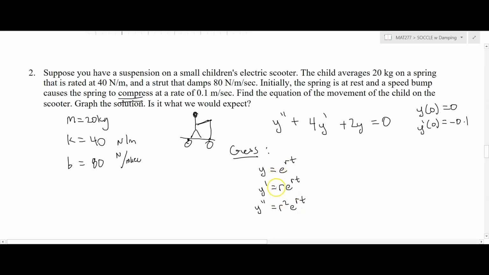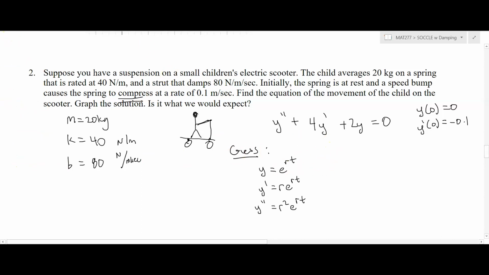And you notice that the reason these squares are coming about is not because of the second derivative itself, but because of the chain rule being applied twice, which creates two factors of r. So that's an important thing to know. Just because you see a second derivative does not mean that involves a square at all. I know it's confusing because when we look at the second derivative, you want to read that as d squared y dt squared. It's not a square. It just means the derivative of a derivative.